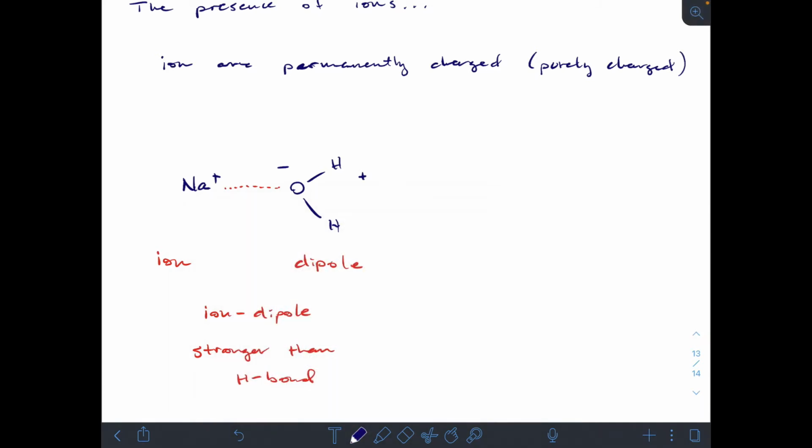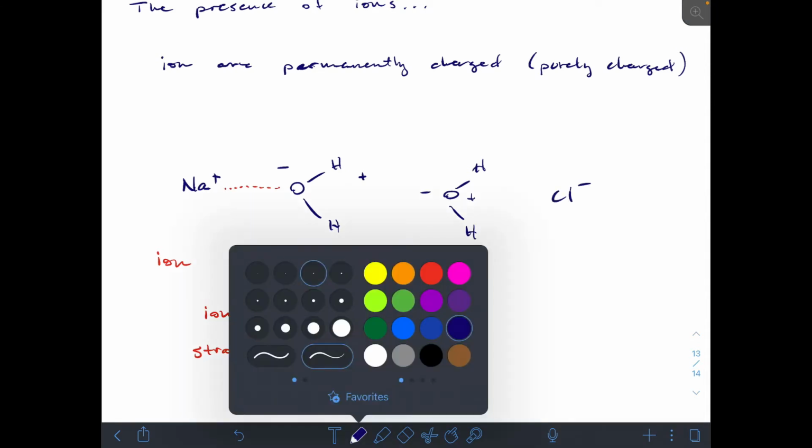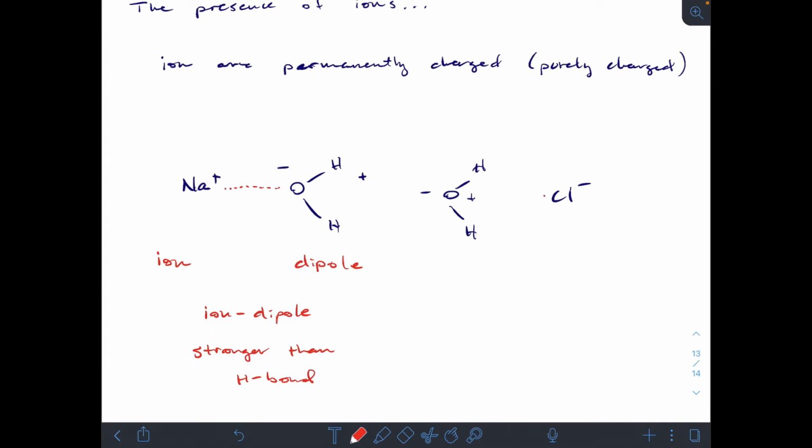If I have a water molecule with its negative and positive sides, and a chlorine nearby, the chlorine's negative charge is attracted to the positive end of the water molecule. This is in fact how sodium chloride comes apart in solution. When we put it in water, these ion-dipole interactions are very strong, so the water molecules actually pull the sodium chloride apart.